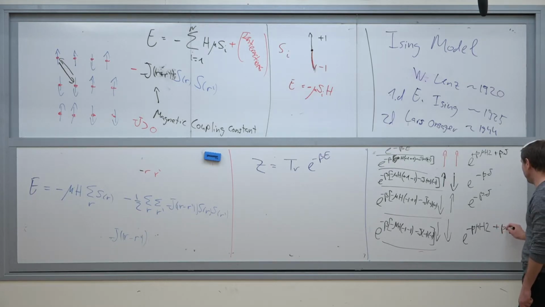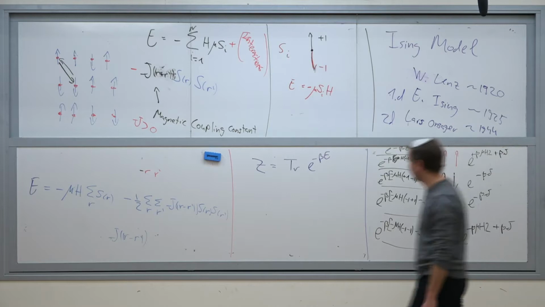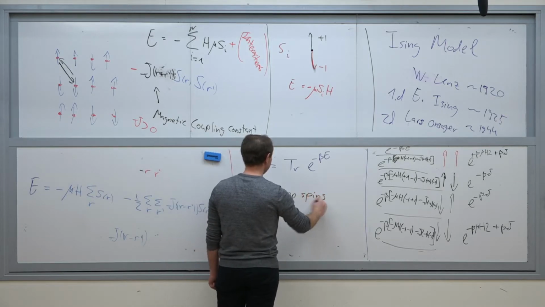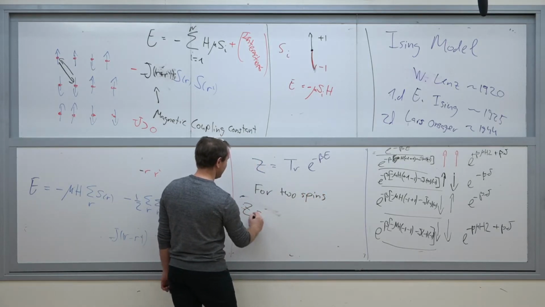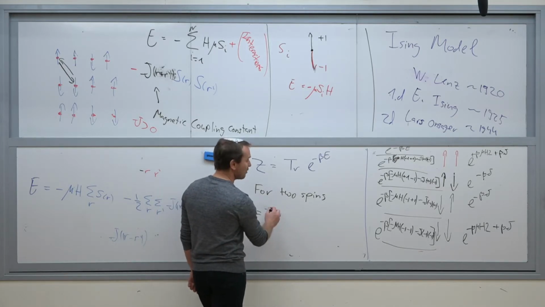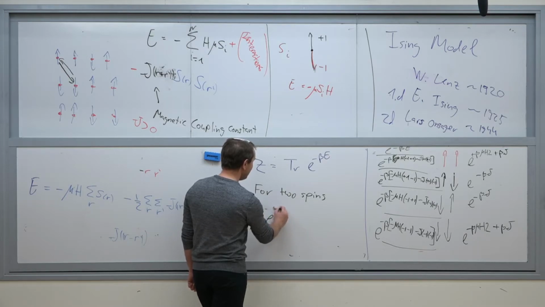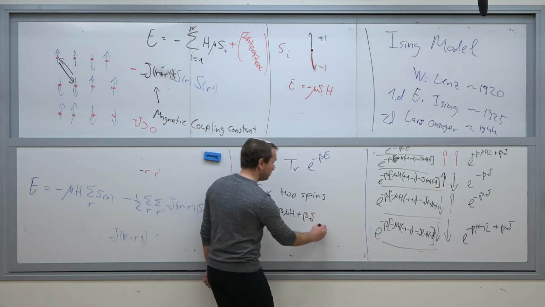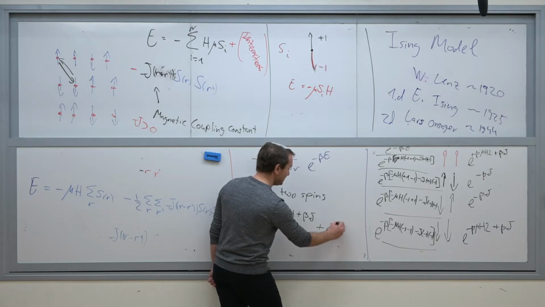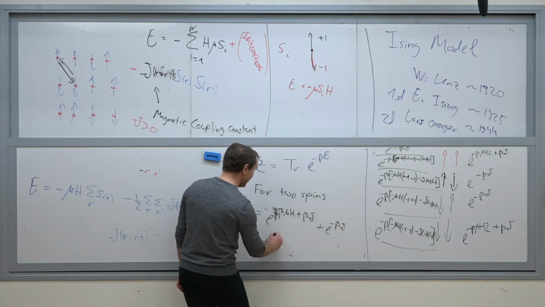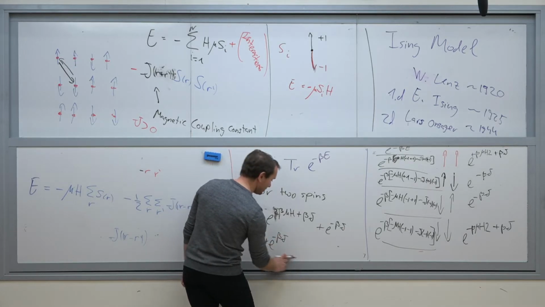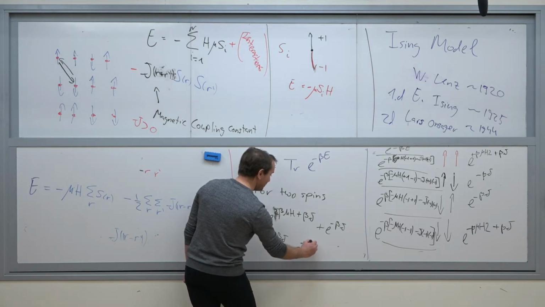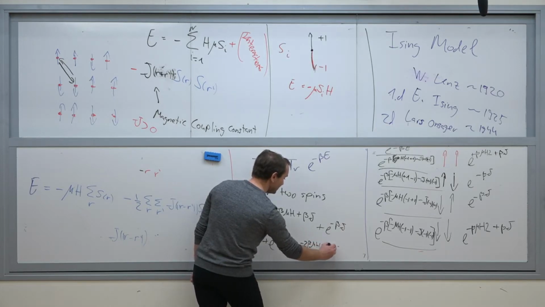So what we see is that Z for 2 spins is simply e to the power of 2 beta mu h plus beta j, plus e to the minus beta j, plus e to the minus beta j, plus e to the minus 2 beta mu h plus beta j.